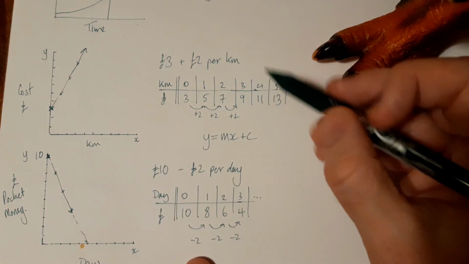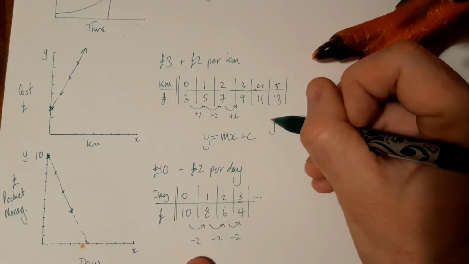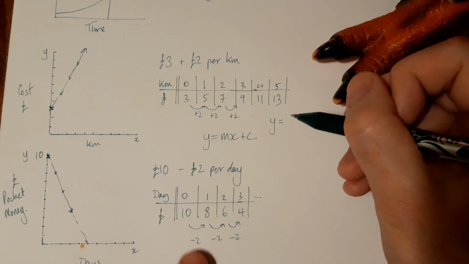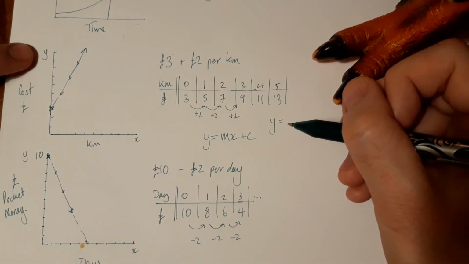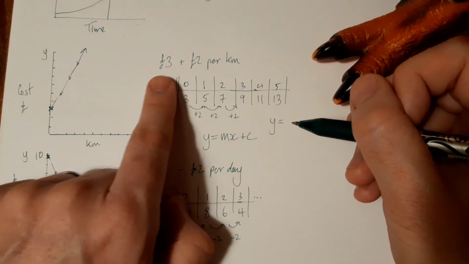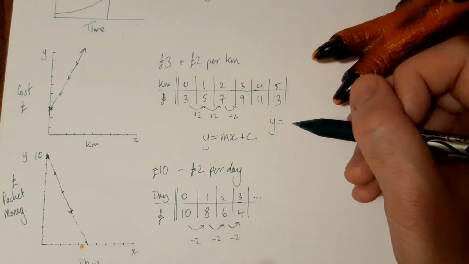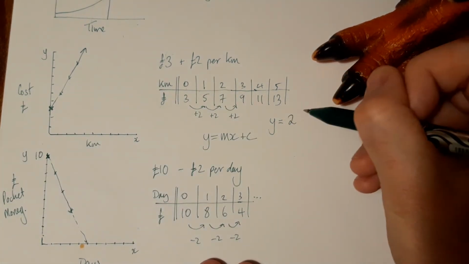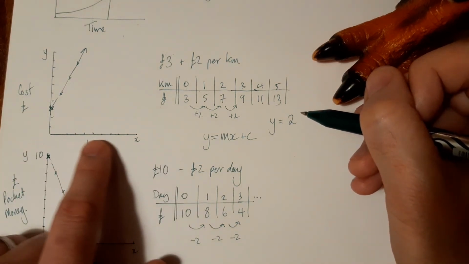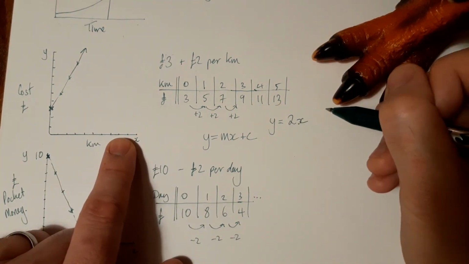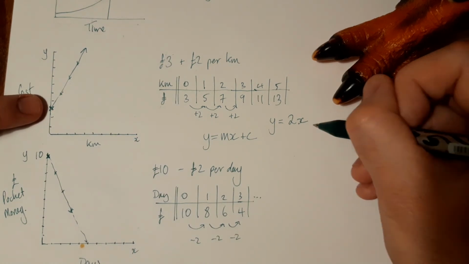Let's check out what it was here. For this one, Y equals, or the cost was equal to, we had £3 to start, but it's £2 per kilometre. That's £2 per each of these, that's 2 X's. And I already had a 3 to start, so I can write plus 3.